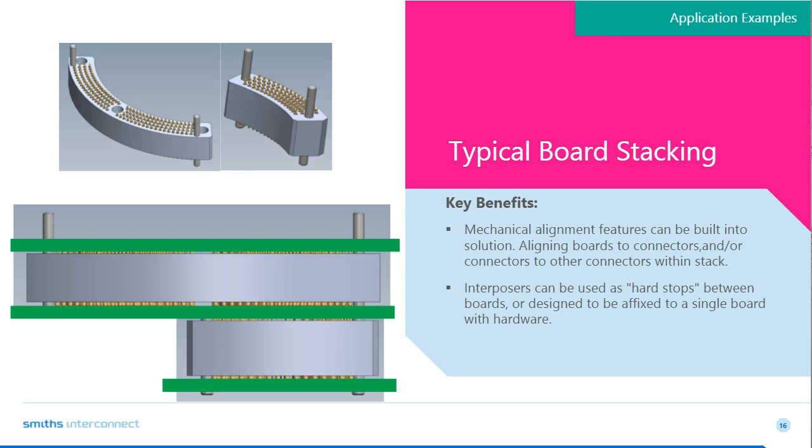Or you can take an alternative approach where we incorporate features into the housing that allow for hardware to mount the connector to one of the boards, fully compressed to that board, leaving a gap between your next board and the connector itself. This allows for that Z-tolerant stack up, the probe itself traveling to take up variations in board thicknesses or other manufacturing tolerances in your next level assembly.